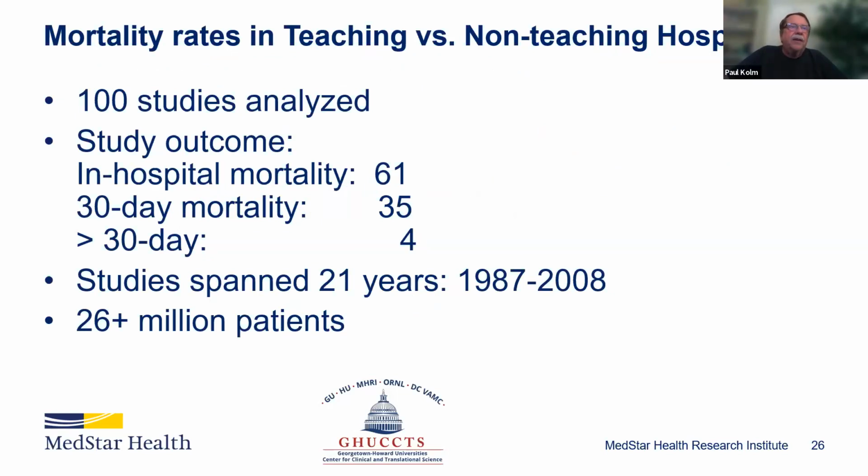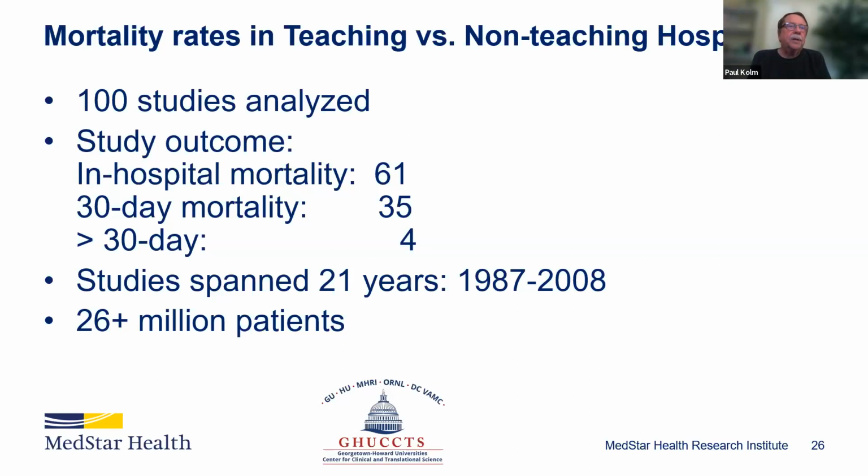For another 35%, mortality was 30-day mortality, which means mortality that occurred from discharge up to 30 days, and then a small number of studies looked at mortality beyond 30 days. So even though our outcome is mortality, we have different time frames for when mortality occurred.